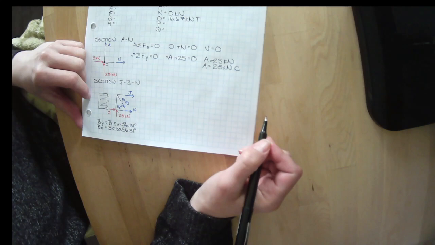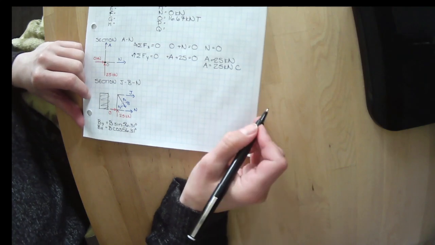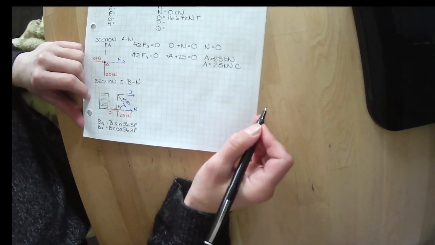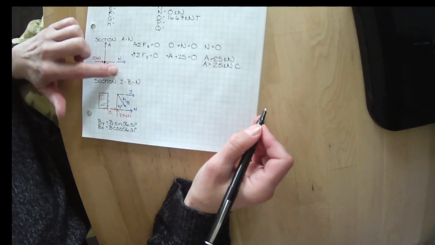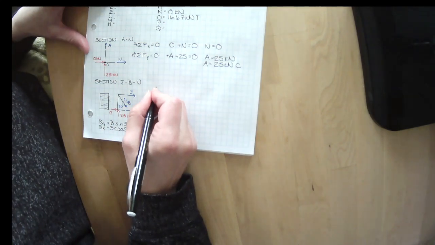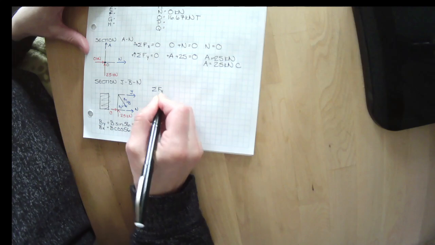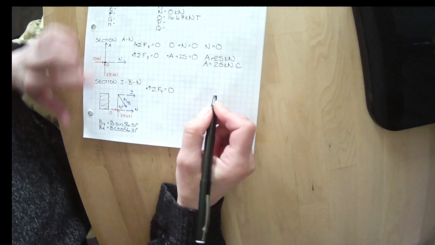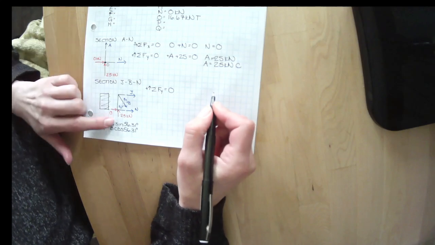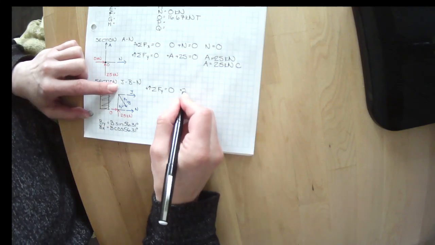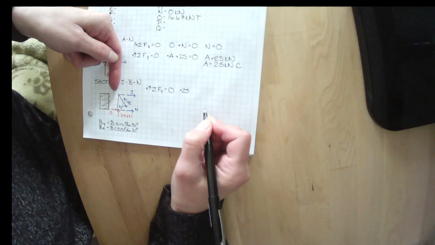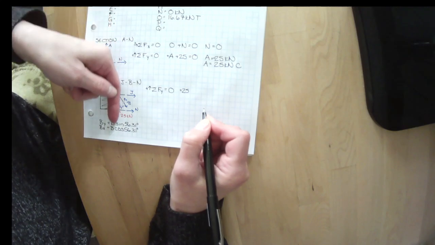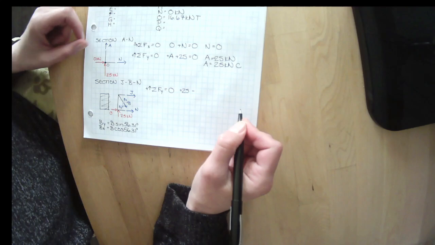We can now sum the forces in the y direction equals 0. So everything upwards is positive. We've got 25 kilonewtons going upwards, and we've got By going downwards, so negative.